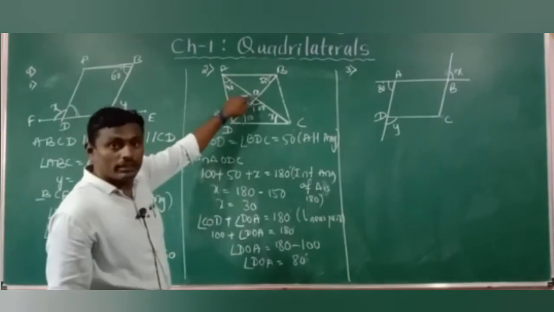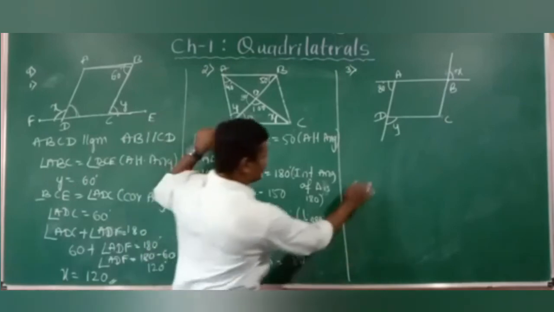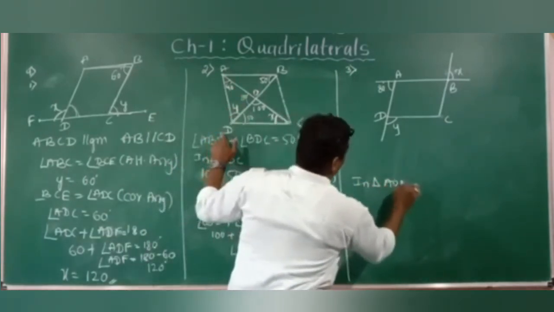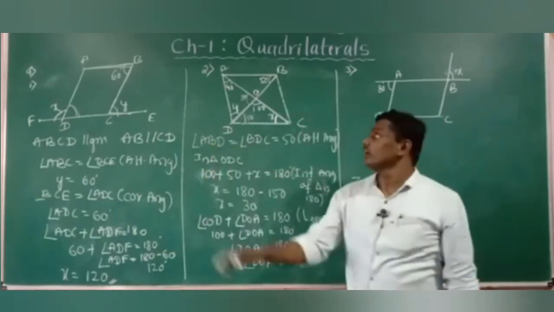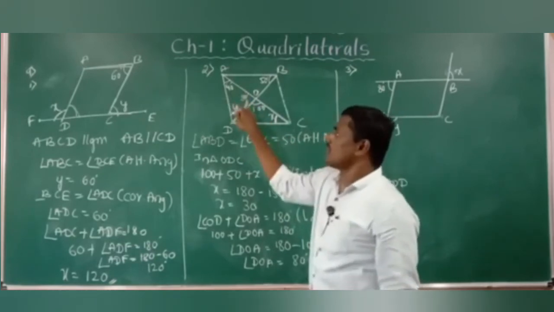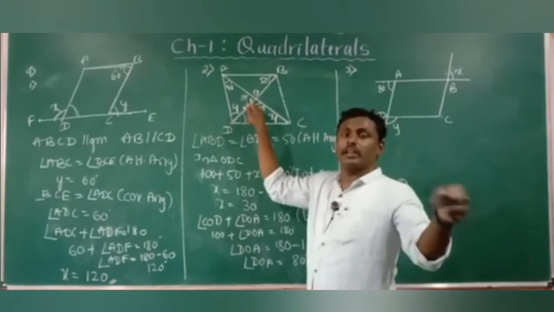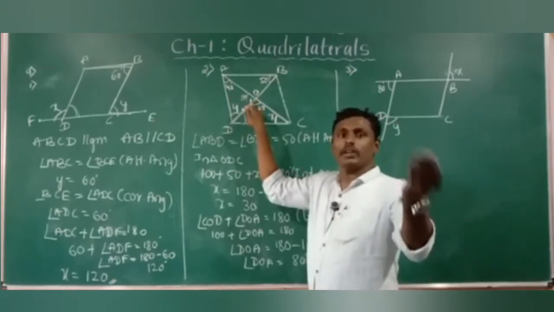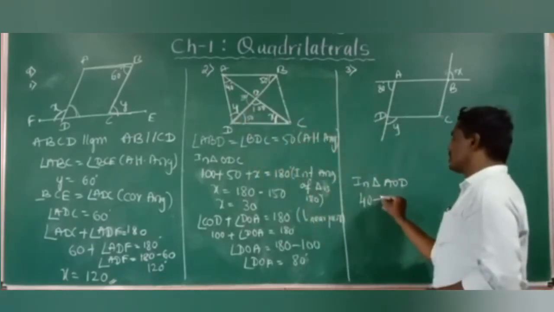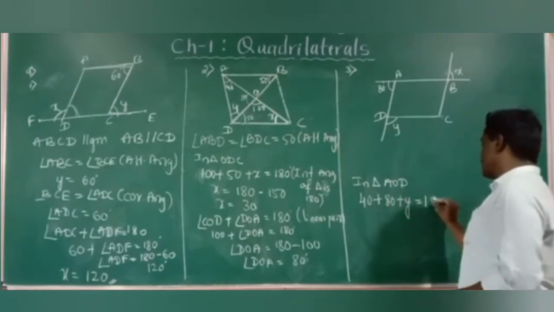Again, take the second triangle, OAD. In triangle AOD, two angles are already given. The sum of all three angles of the triangle is equal to 180 degrees. It means the angle sum property of the triangle is 180 degrees. So 40 plus 80 plus one more angle, that is y, equals 180 degrees.